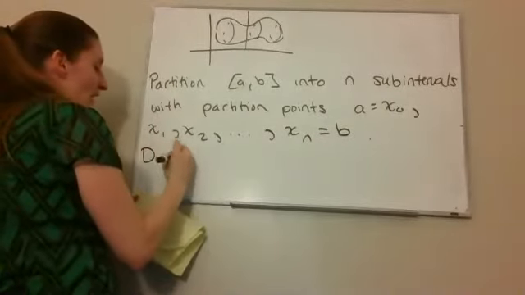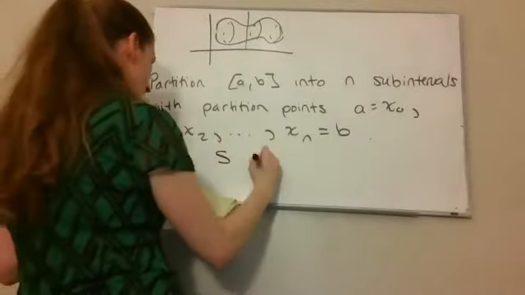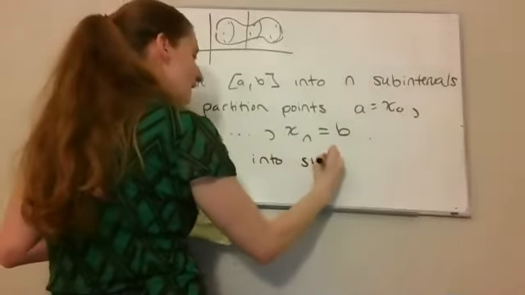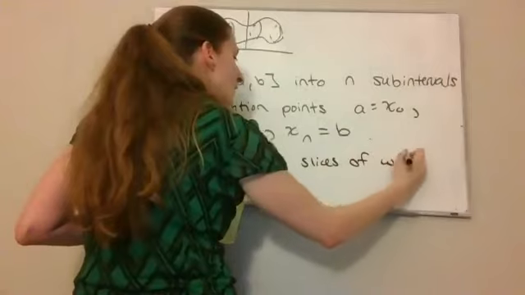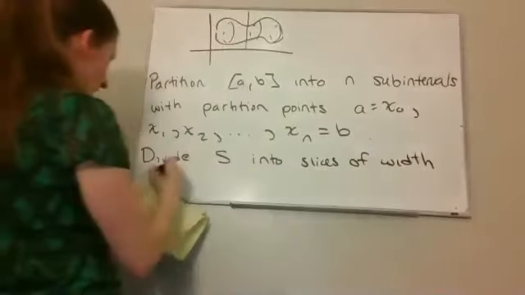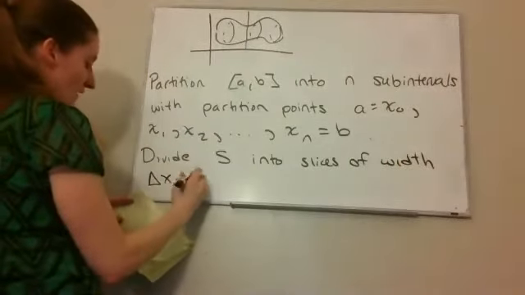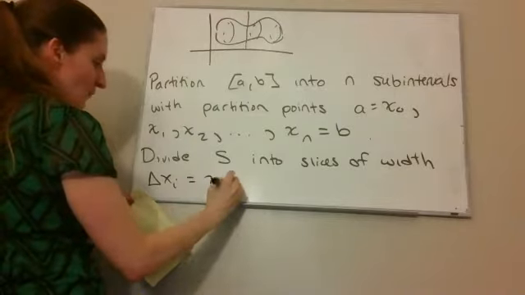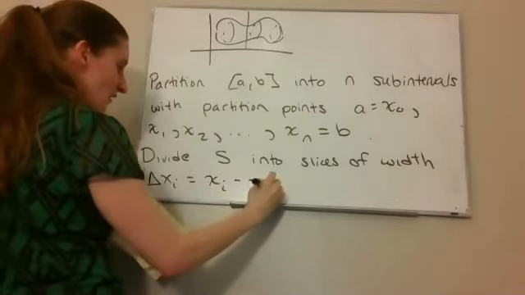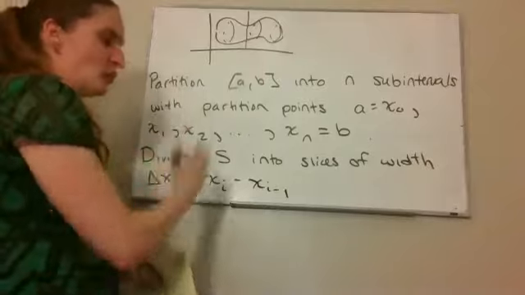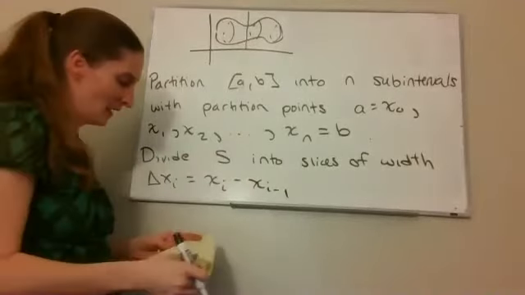We're going to divide our object S into slices of width delta xi, which is the distance between the two places where we're slicing.